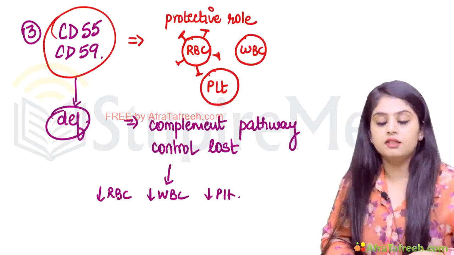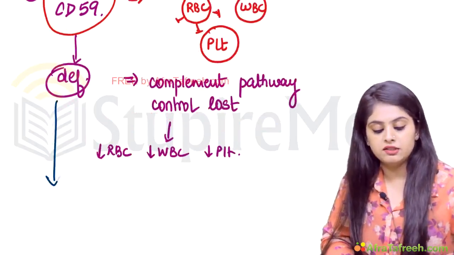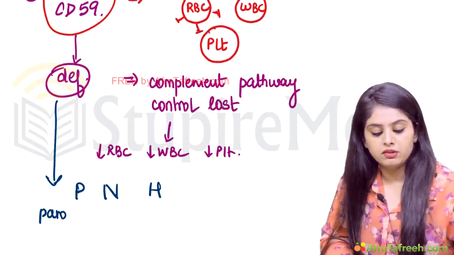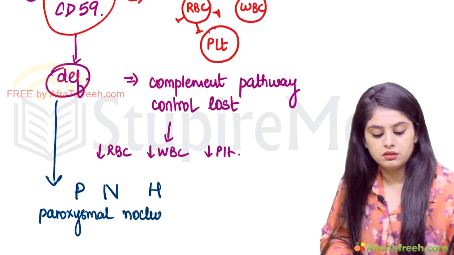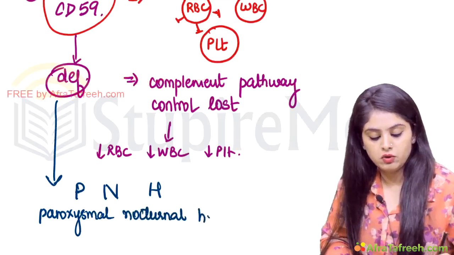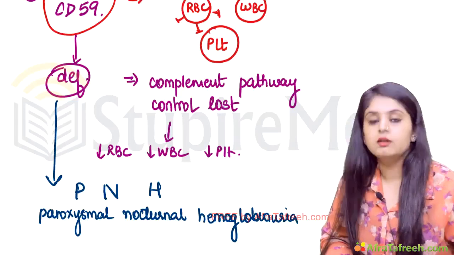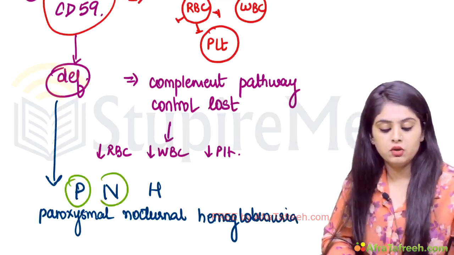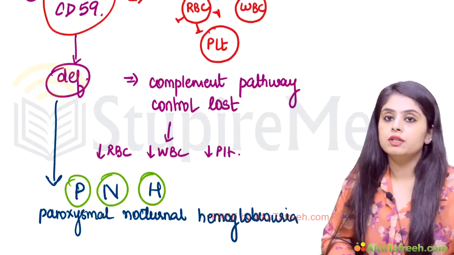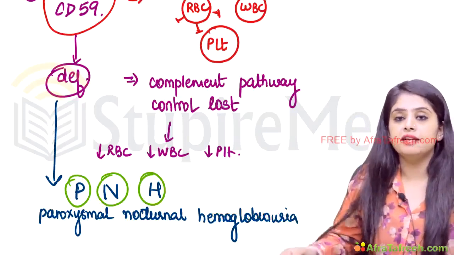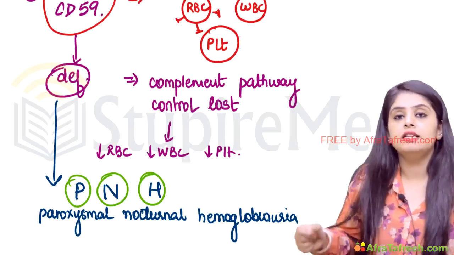Particularly, there is a condition in which this deficiency is seen known as PNH, paroxysmal nocturnal hemoglobinuria. So this is happening because of a deficiency of CD55 and CD59.